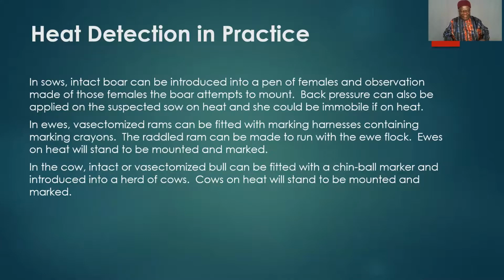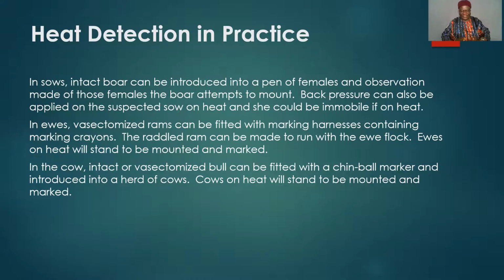In sows, a boar can be introduced into a pen of females and observation made of those females the boar attempts to mount. Back pressure can also be applied on the suspected sow on heat, and she could be immobile if on heat. In ewes, vasectomized rams can be fitted with marking harnesses containing marking crayons.